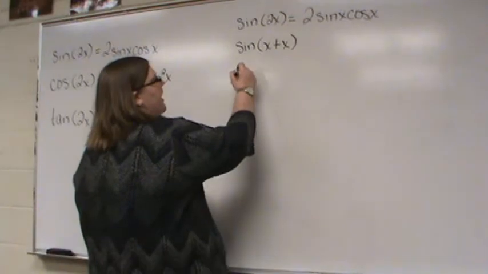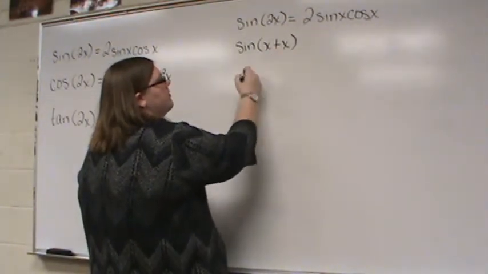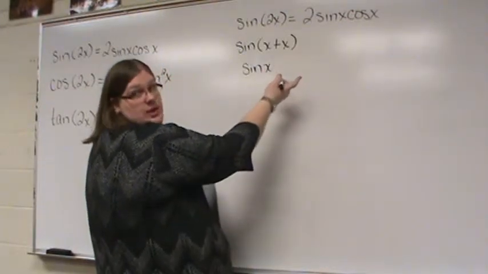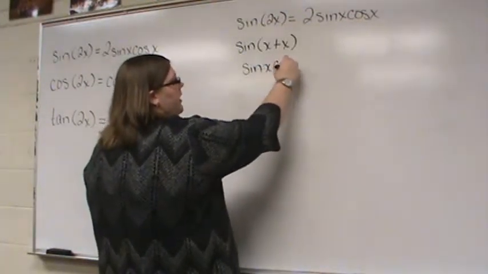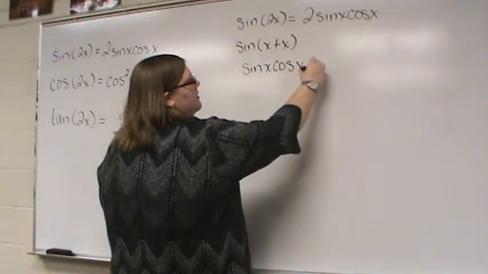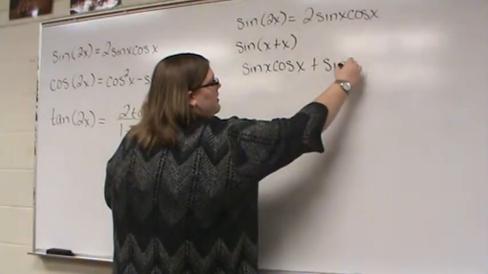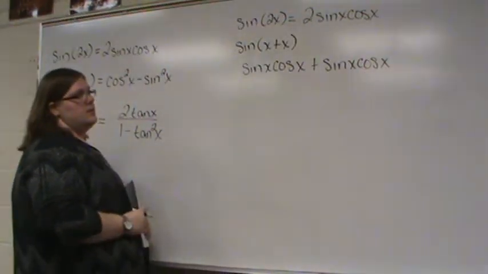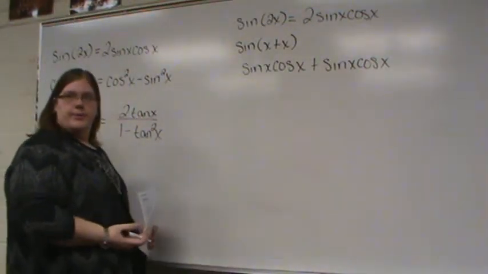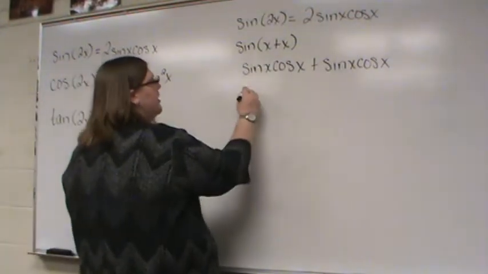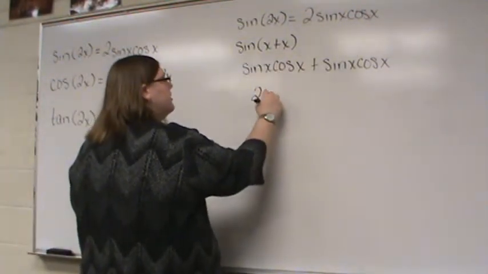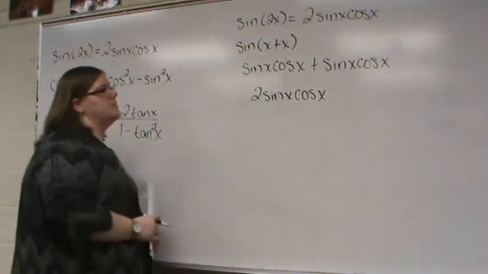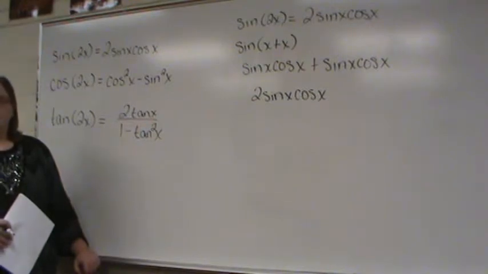If we expand that, we get sine x cosine y, well, in this case you have 2 x's, so sine x cosine x plus sine x cosine x. So then what can we do? Just combine them. They're the same thing, so we can combine them. So we have 2 sine x cosine x. This is going to be really easy.